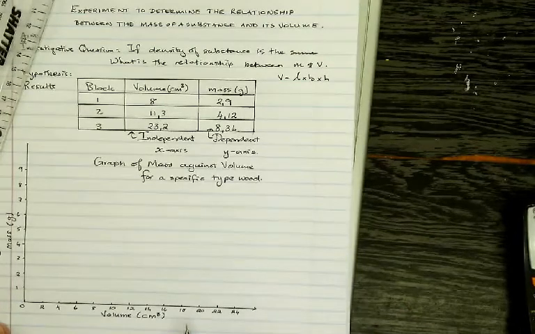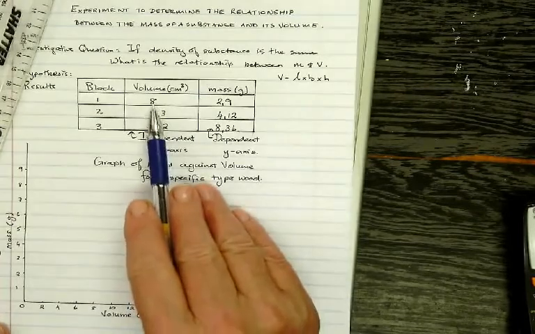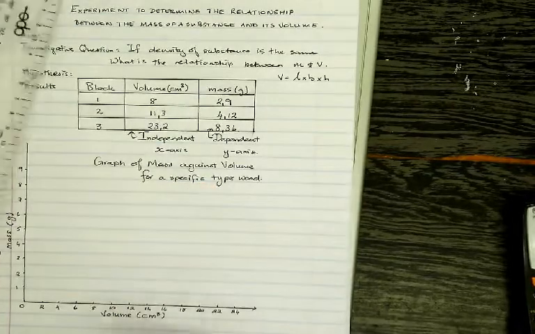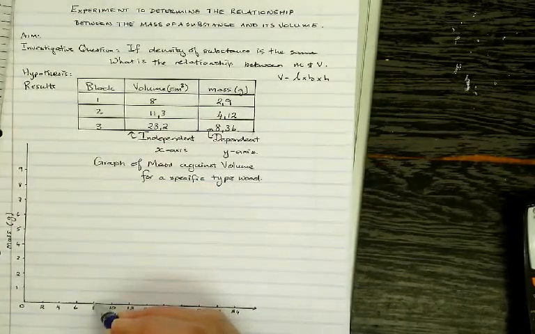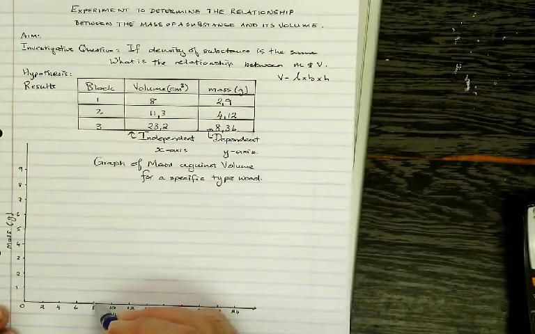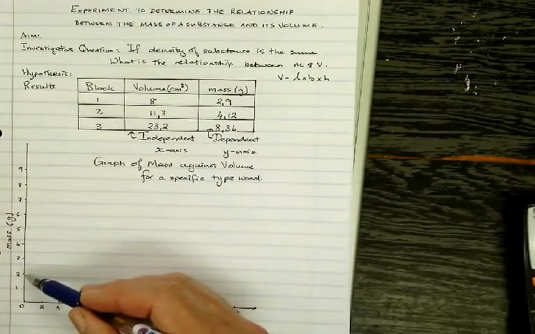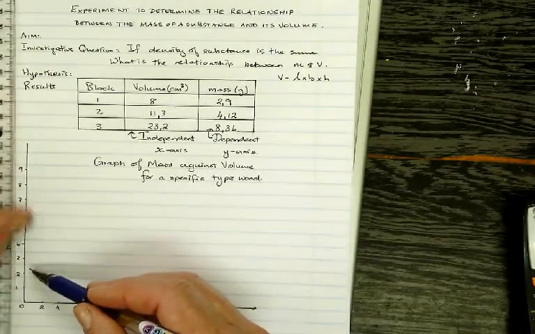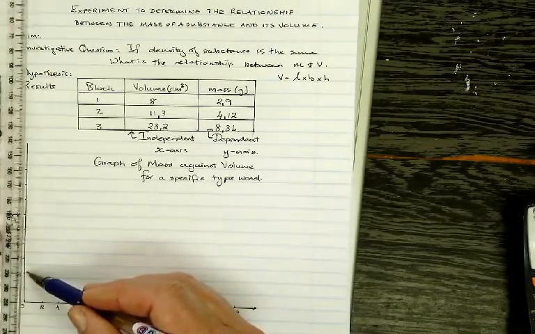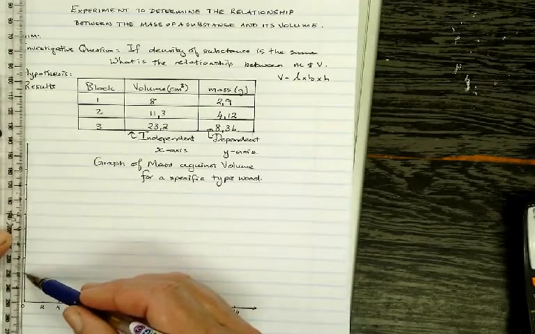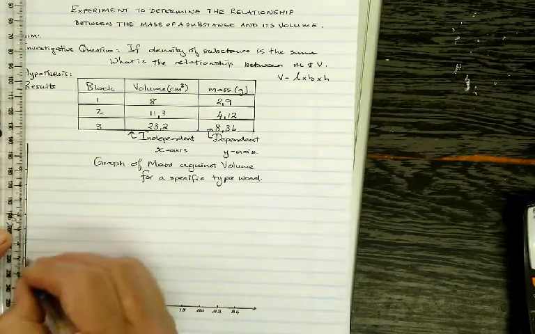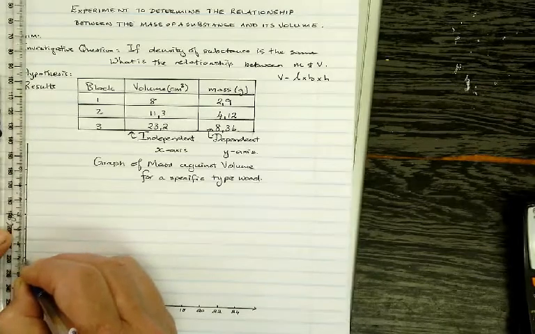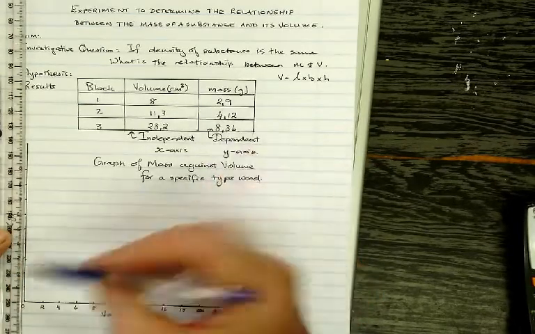Now to plot the graph, I go to a volume of 8, and that's nice. This is the position of 8 and 2.9. Because 1 centimeter would represent 1 unit, 1 gram, I can go up to 29 millimeters for 2.9.